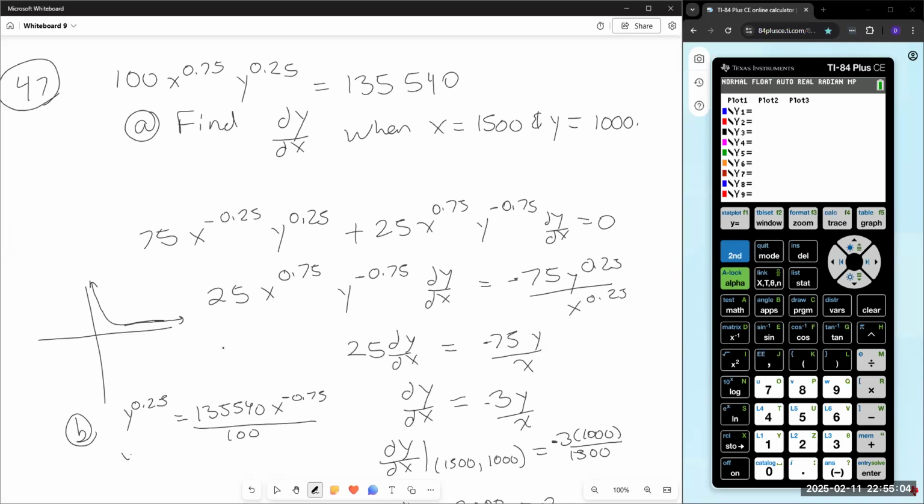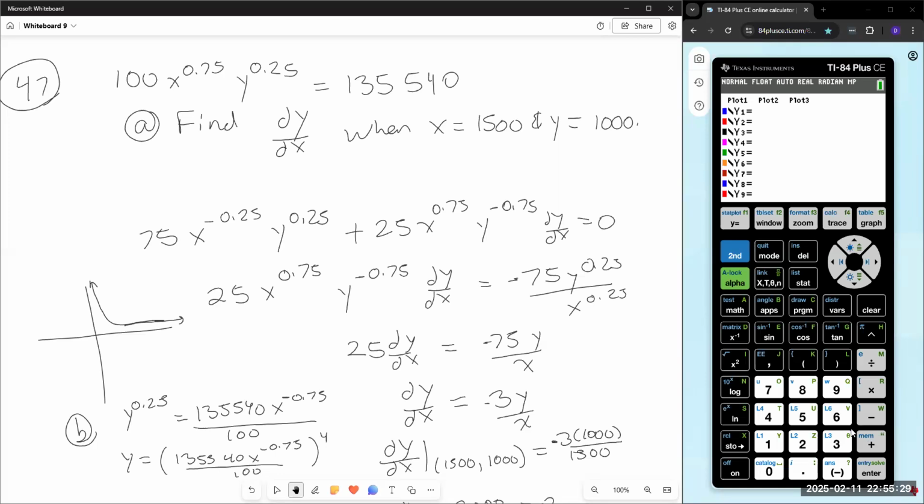And then I'm going to take that and say y equals 135,540 x to the negative 0.75 over 100, raised to the fourth power. I don't care about simplifying right now. I just care about graphing it.